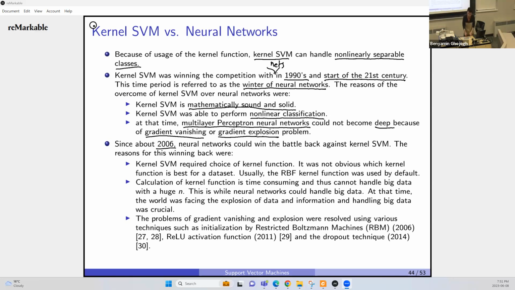Since about 2006, neural networks came back and they finally won the competition over the kernel SVM. How? Neural networks could win the battle back against kernel SVM. The reasons are this. These are the drawbacks of kernel SVM, which are also what is good about neural networks. Kernel SVM required choice of kernel function. One of the things in philosophy is that when you have freedom, it gives you responsibility.